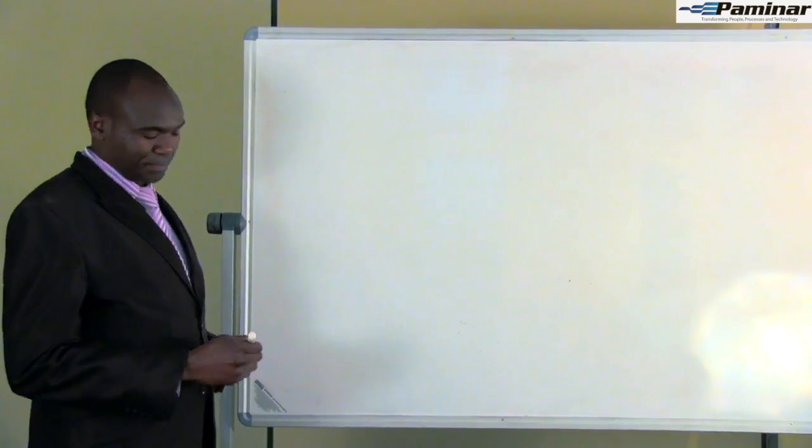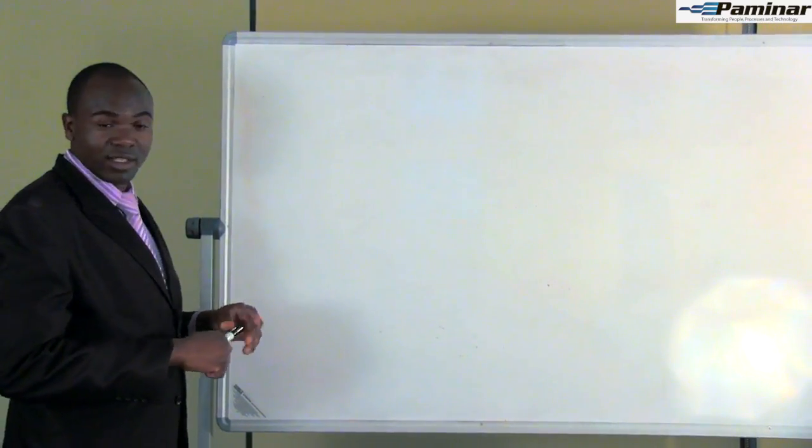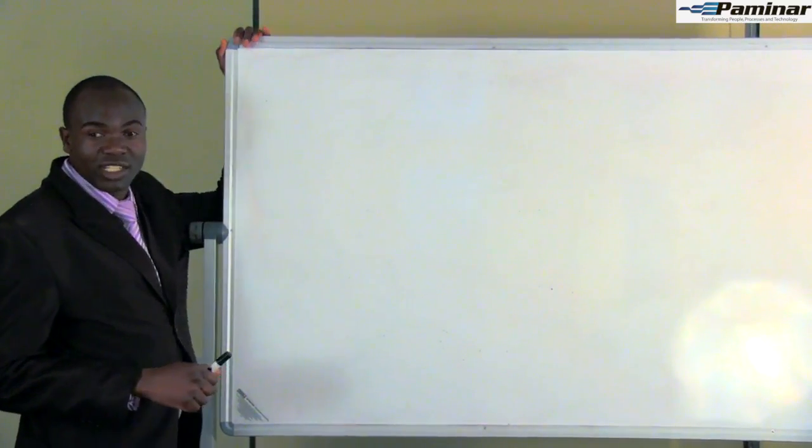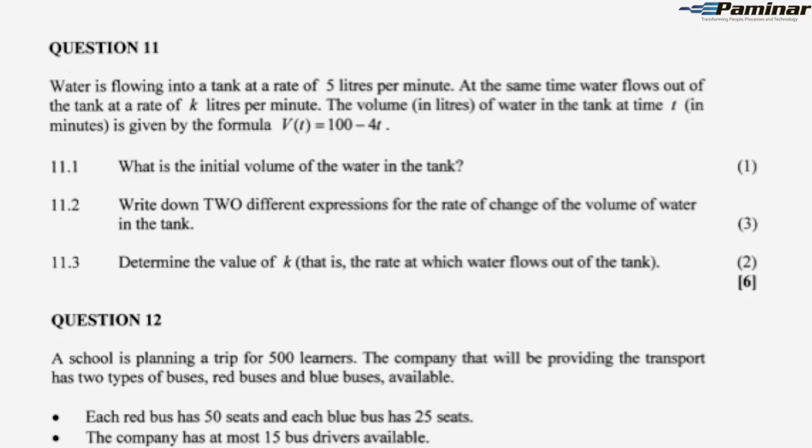Question 11. Now here comes the simplest question. It's a common sense question. It says water is flowing into a tank at a rate of 5 liters per minute. At the same time, water flows out of the tank at a rate of k liters per minute.